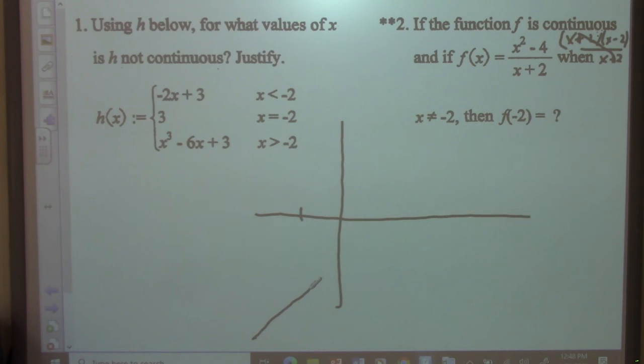And what happens here at negative 2? So what is f of negative 2 going to be? To make this continuous, what has to be filled in here? Right here, right? So what is that going to be? What do you have to plug in?